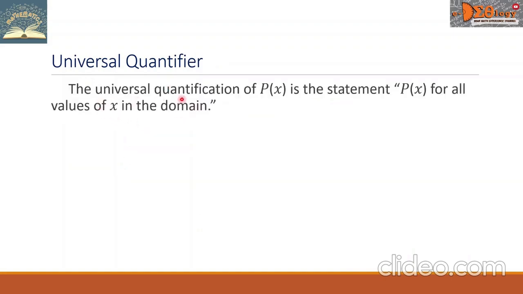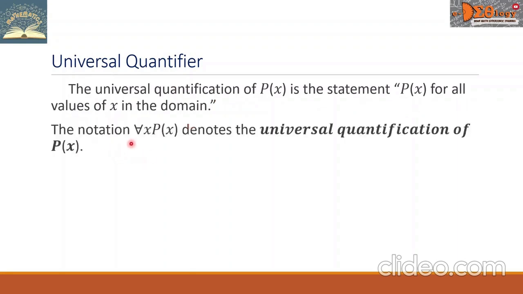Now we have the universal quantifier. The universal quantification of p of x is the statement p of x for all values of x in the domain. The notation inverted A x p of x denotes the universal quantification of p of x.